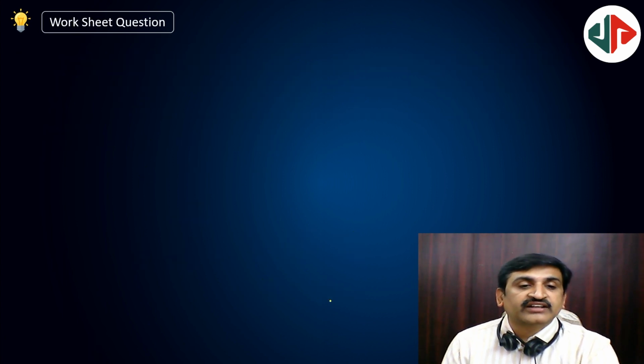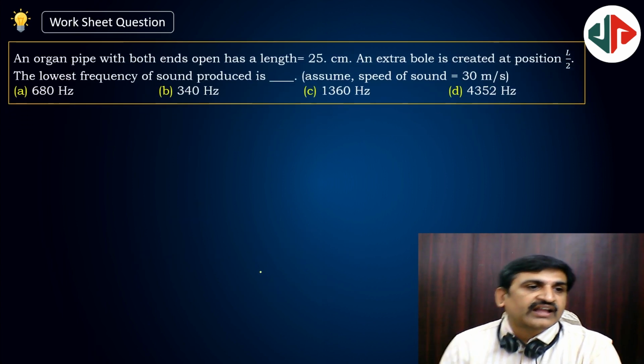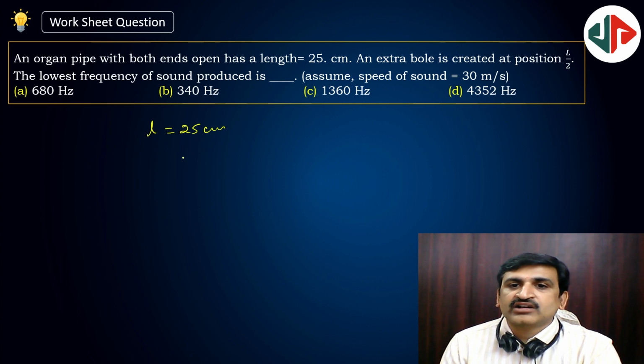I did it. Next. An organ pipe with both ends open has length L equal to 25 centimeters. An extra bore is created at the position L by 2. The lowest frequency of sound produced is the lowest frequency of sound at L by 2.